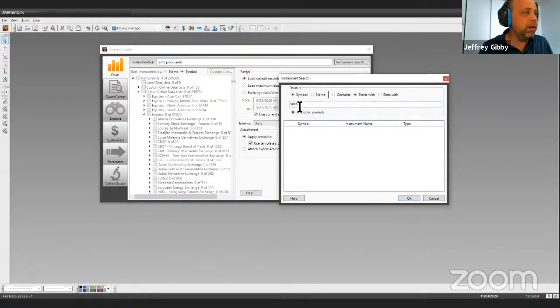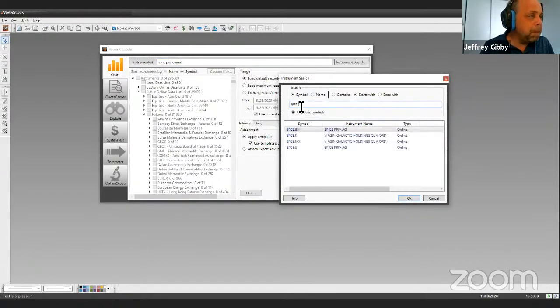The symbol starts with SPC.K, that's why I wanted to look it up. You'll notice there are quite a few different symbols in here just because there are so many different currencies or exchanges that are covered. That's why .K or .O is always going to be the US one. So we'll go ahead and add that one to there.